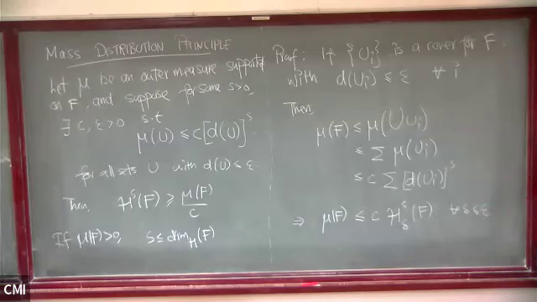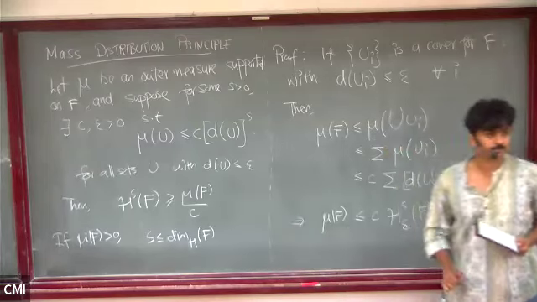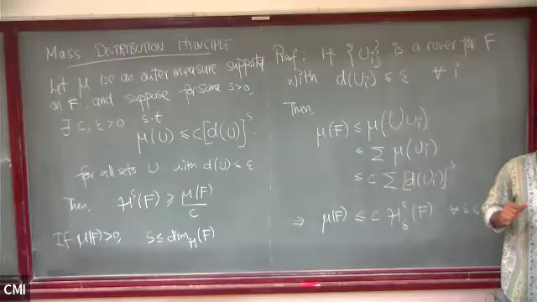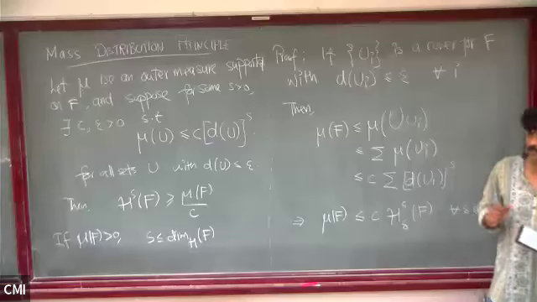And now by taking the limit as delta goes to 0, I get this lower bound. And the second part is clear from the definition.